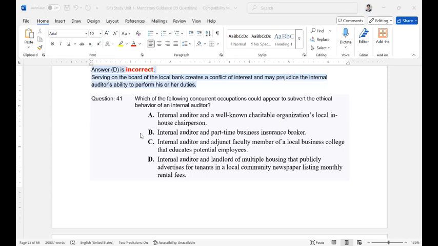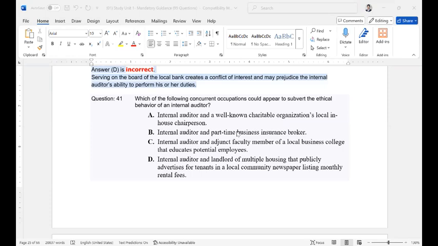B. Internal audit and a well-known charitable organization's local chairperson. So it's okay. I'm an internal auditor, I become the chairperson of some charity. Looks like it seems okay.